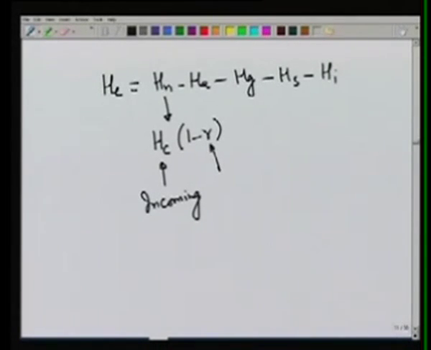R is reflection coefficient, also popularly called albedo.